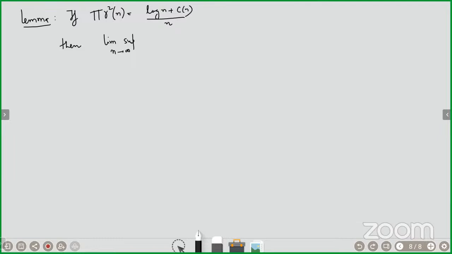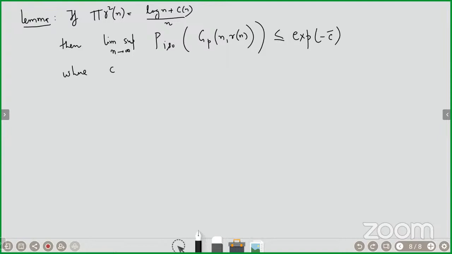The probability of isolation in GP of n comma r is less than or equal to something.